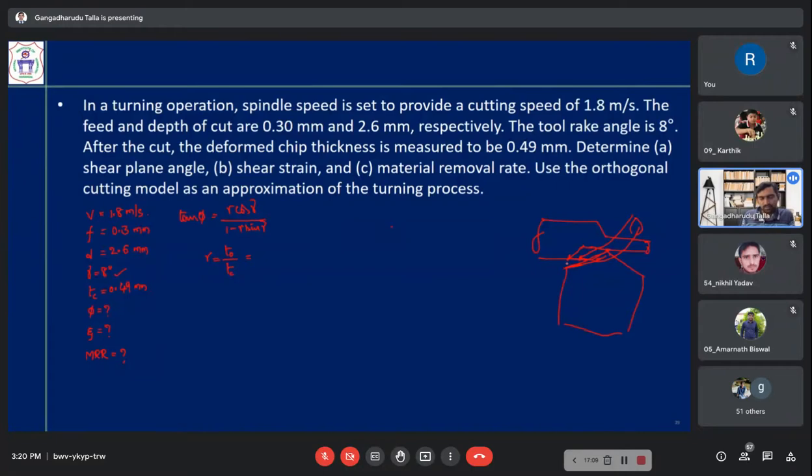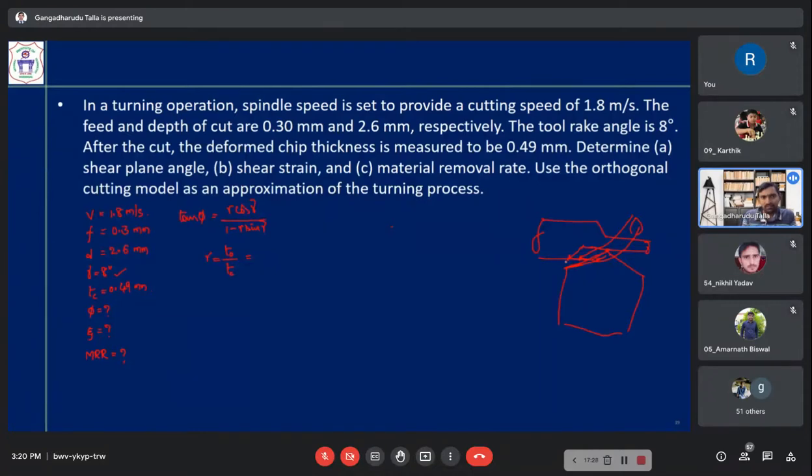Yeah, logically that is also correct. 2.6 by 0.49 anyhow is more than 1. So that is not okay. Your d will not be equal to TO. TO is always less than TC. That is always true.